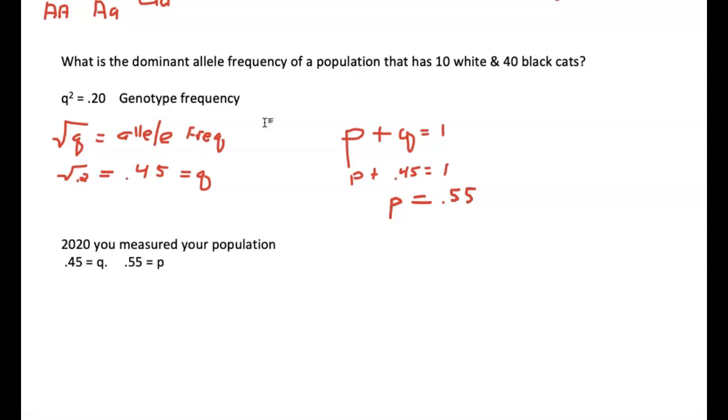And then you watched until 2040, 20 years later, and you remeasured.